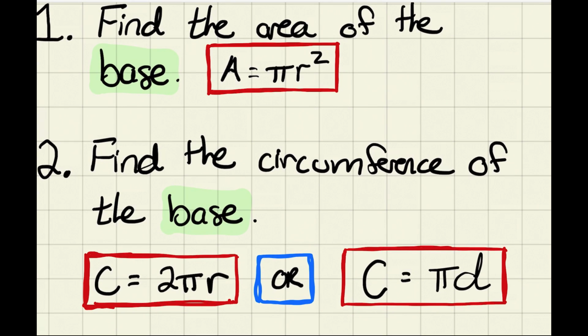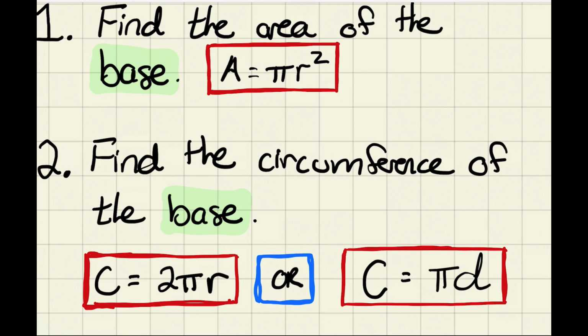They are technically the same. One has radius, one has diameter, but ultimately they'll both get you circumference. It just depends on whether you're working with the radius or the diameter. Notice all three equations in the red boxes involve pi. So we have pi here and here and here. And that means that we have to be mindful of that 3.14.